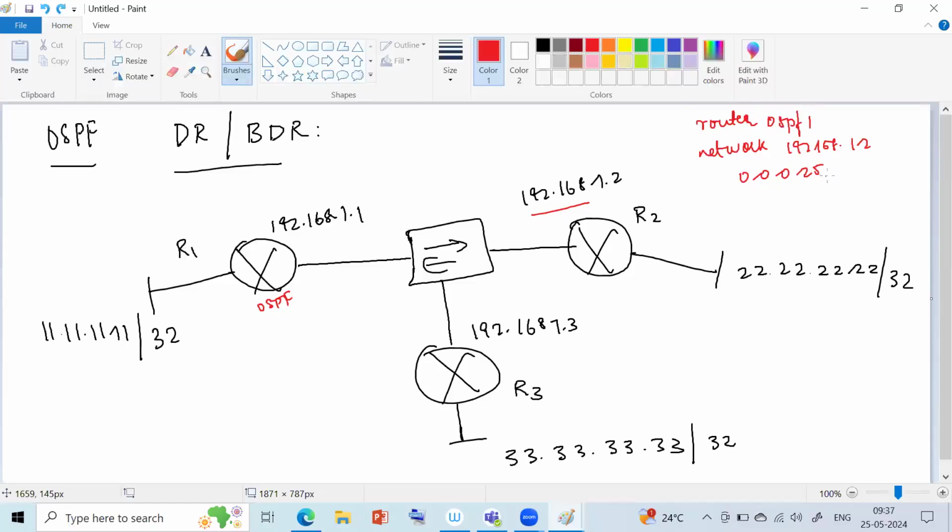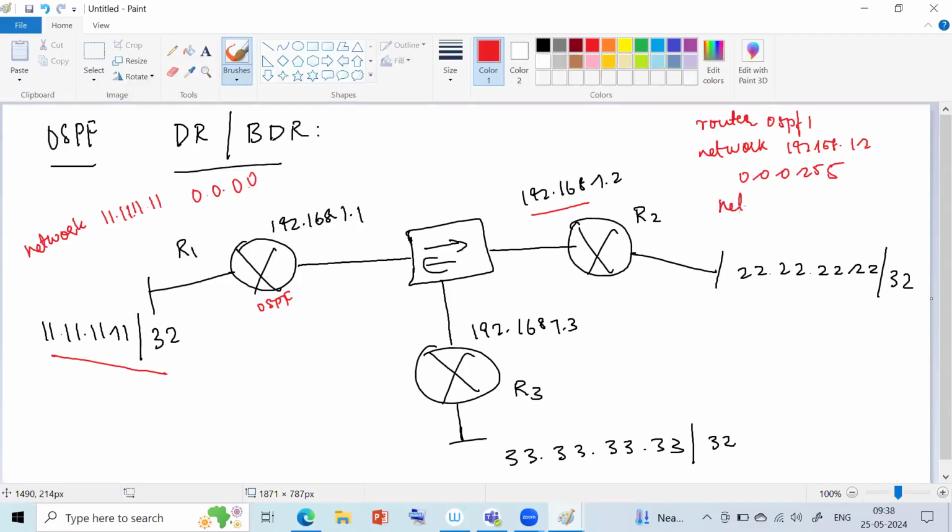Now, I will say not only your neighbors, but you're exchanging the loopbacks also. So on the R1 side, you will give a network command on 11.11.11.11 with 0.0.0.0 as the wildcard mask.